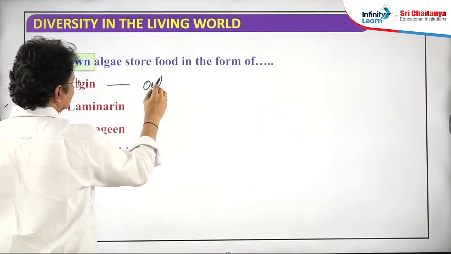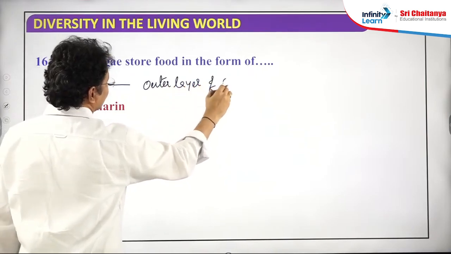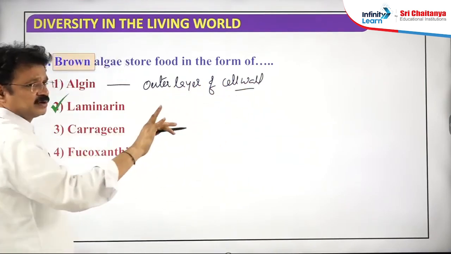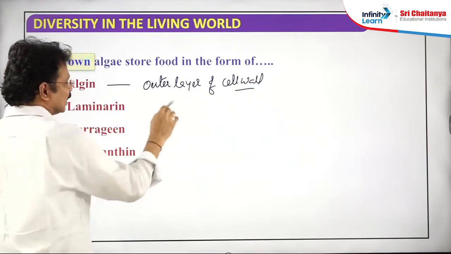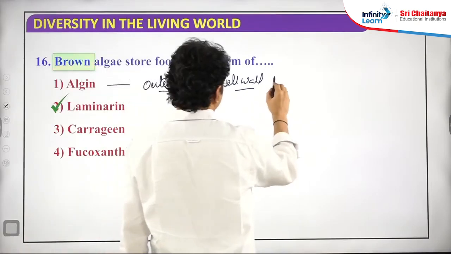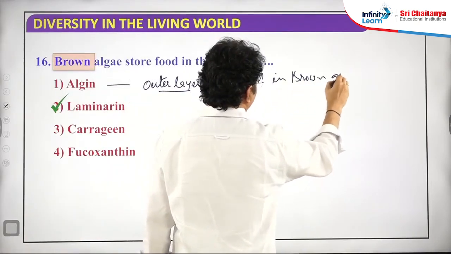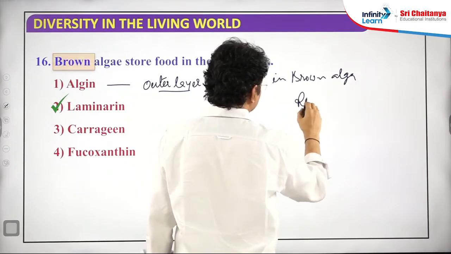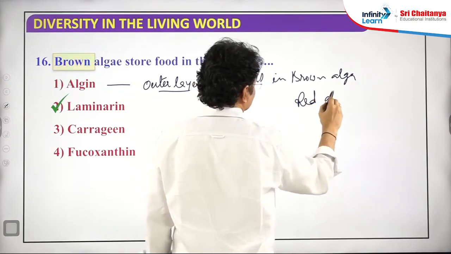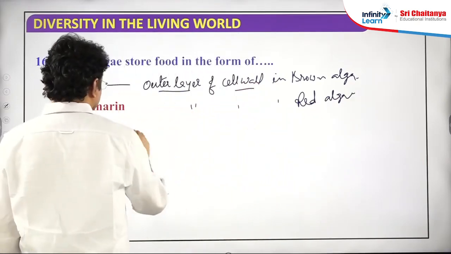What is algin? The outer layer of the cell wall in brown algae. In the cell wall, two layers are there. The inner layer is cellulosic in all three groups of algae. The outermost layer is made up of algin in brown algae, whereas in red algae the outermost layer is made up of carrageenan.